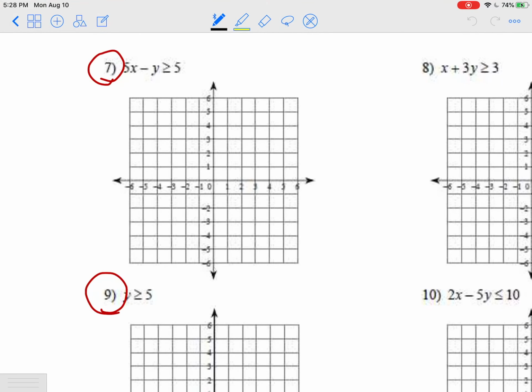Let's take a look at number 7. If we take a look at this problem, we can see that it is not written in slope-intercept form. And like I mentioned earlier, it's always a good idea to do that so we don't run into trouble with our sign, in case we need to flip that.